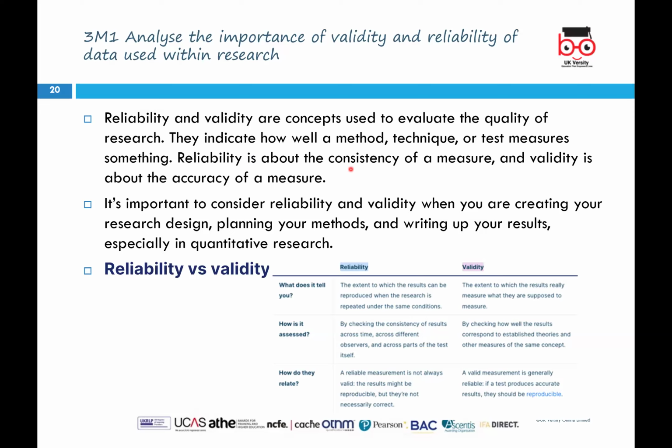So whoever has breast cancer, they will be caught or diagnosed through this measure. How consistent is it throughout the patients that you use? And validity is about the accuracy. How accurate is the measure?